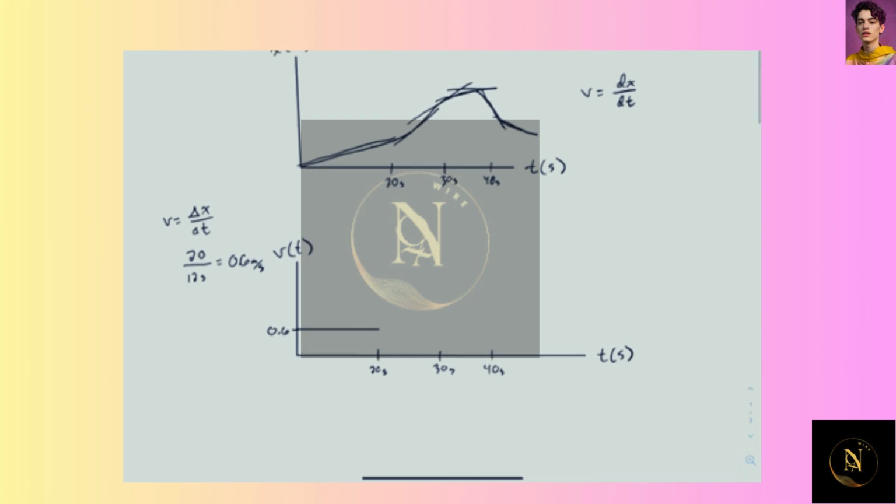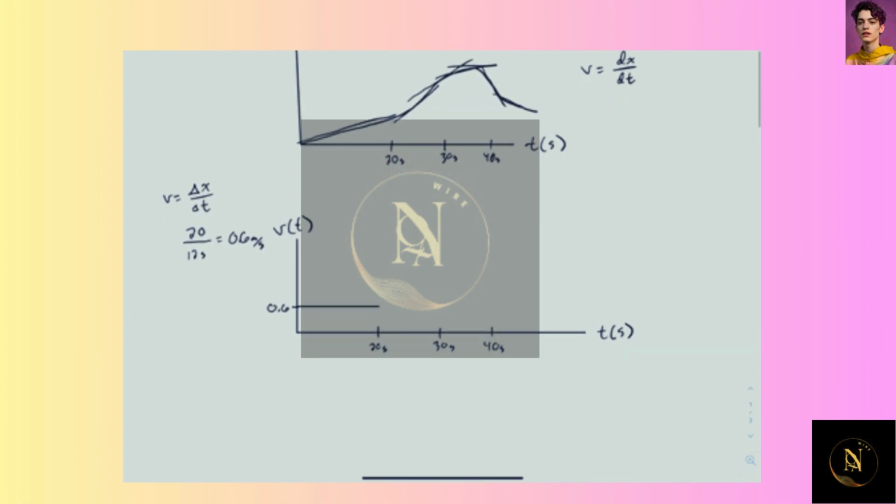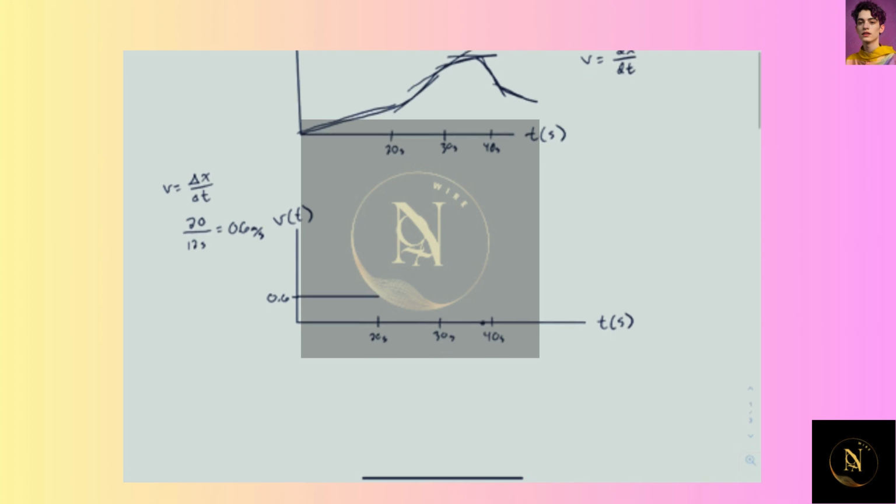And so we know at that point our velocity is going to be 0 because our position is not changing. So we have to get to 0 here at some point. So from 20 to 30 we're going to increase, and then we're going to start decreasing until we get to 0. So at 30 seconds, I think it looks like about a slope of 1.